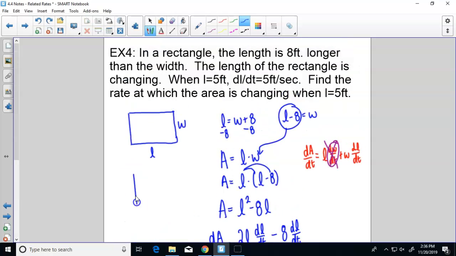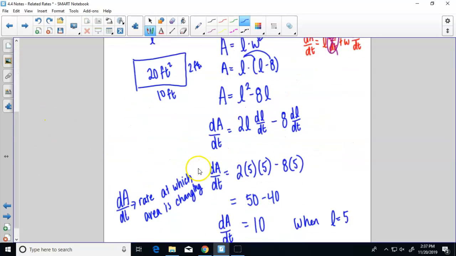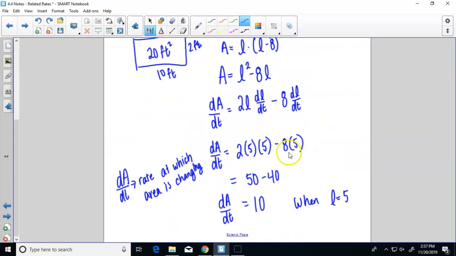If I have, let's just make one up, a width of 2 feet and a length of 10 feet, what's the area of that rectangle? 20 what? Feet squared. Right, so area in this particular case is measured in feet squared, but this is the rate that is changing, so it's going to be feet squared per second.